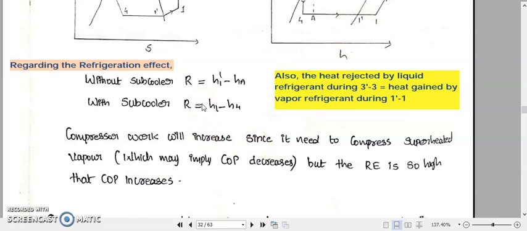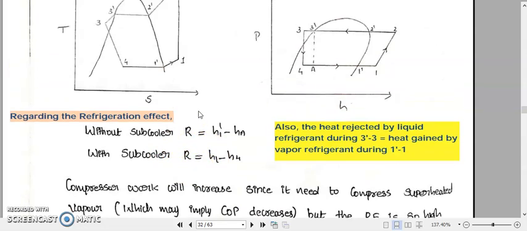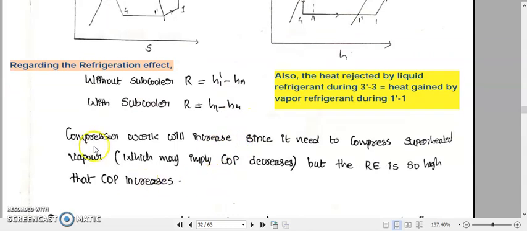COP is given by the refrigeration effect divided by the work done by the compressor. But what will be the case of work done by the compressor in this case? The compressor work will increase because we need to compress the superheated vapor, which may imply that COP will decrease.